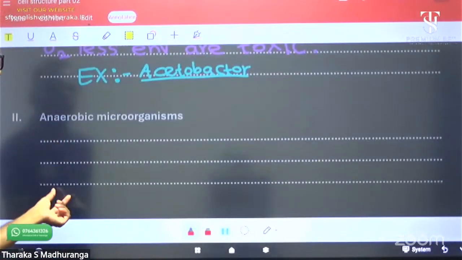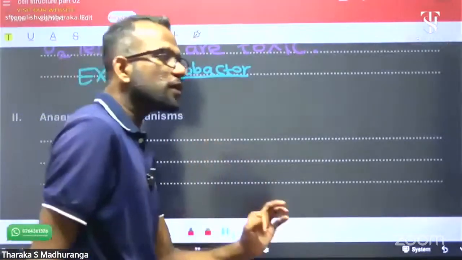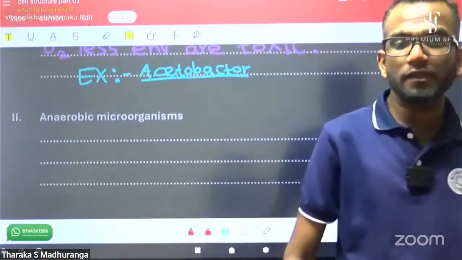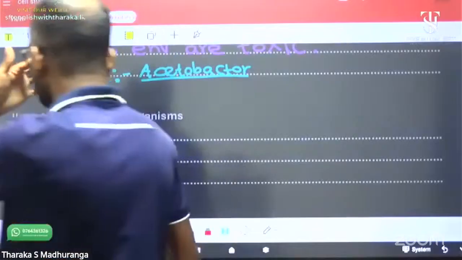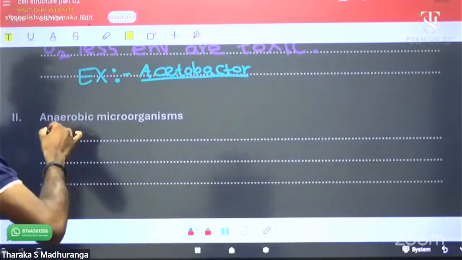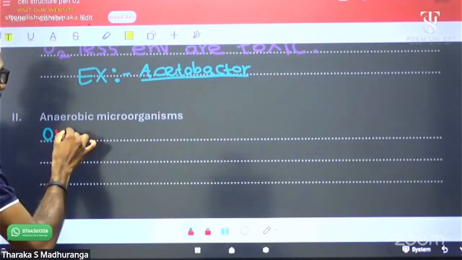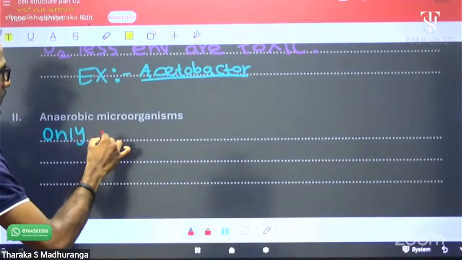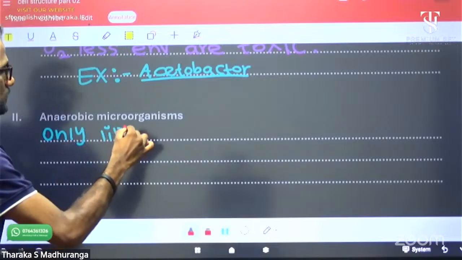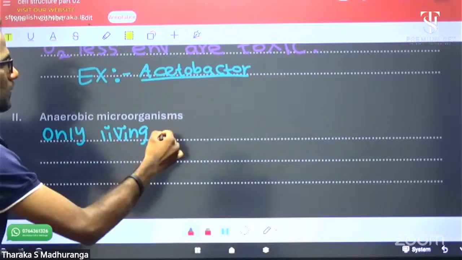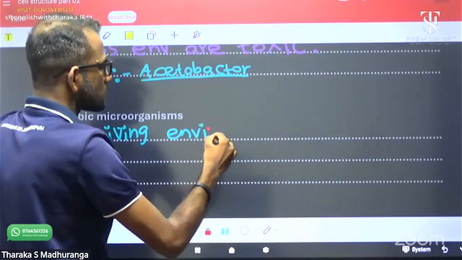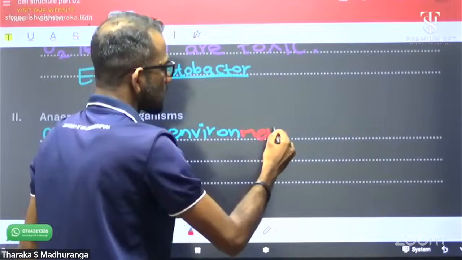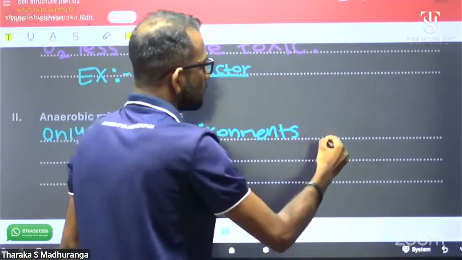Okay, let's move on to anaerobic microorganisms. Anaerobic microorganisms mean, very simple, the opposite side. Opposite side means they only live in environments without oxygen.